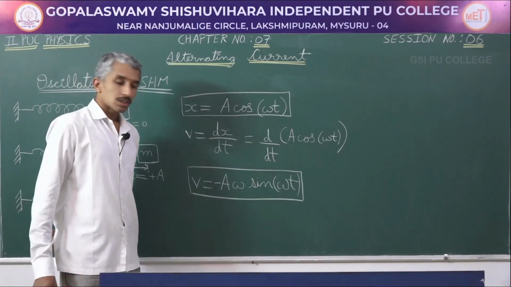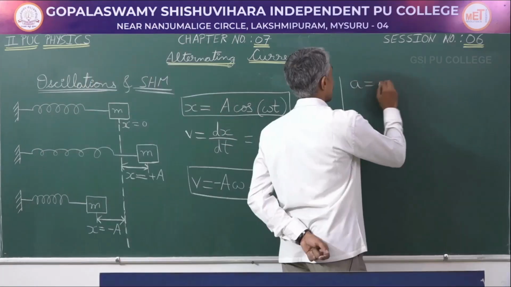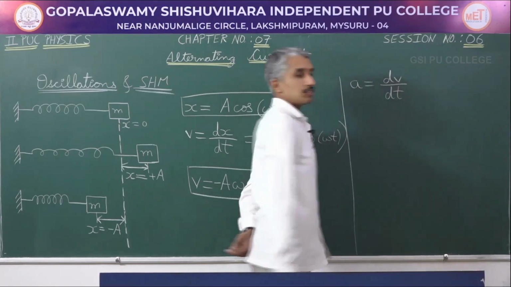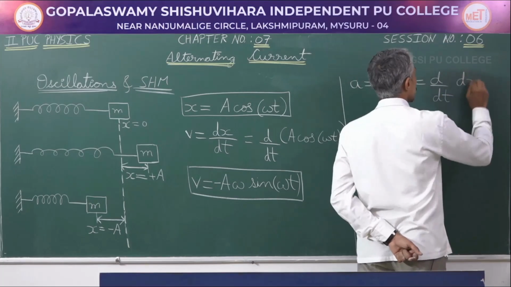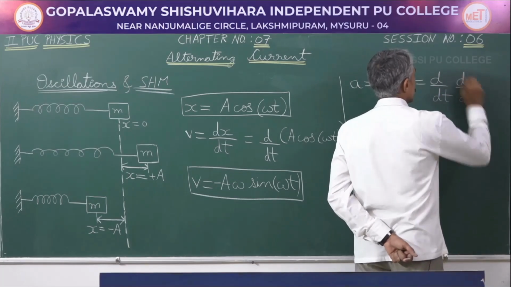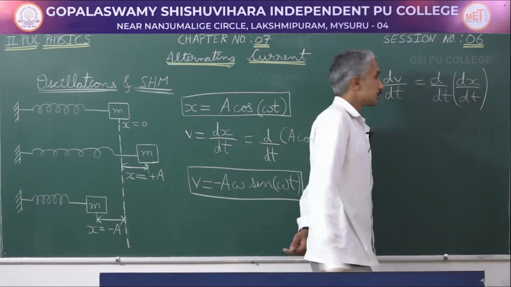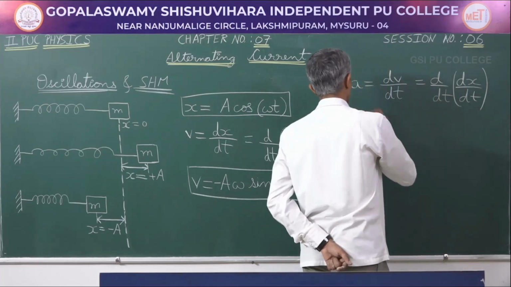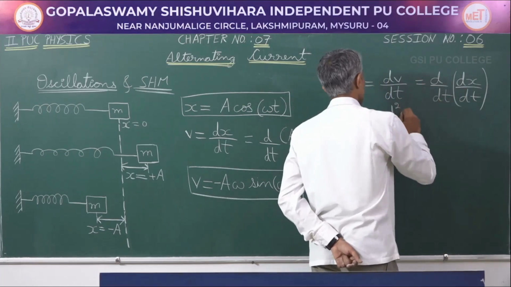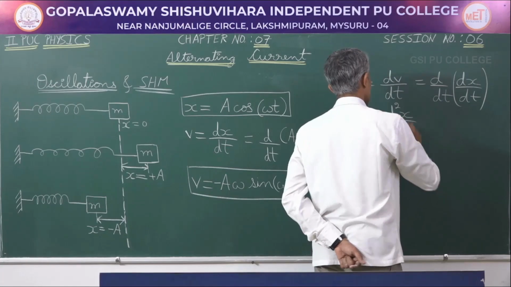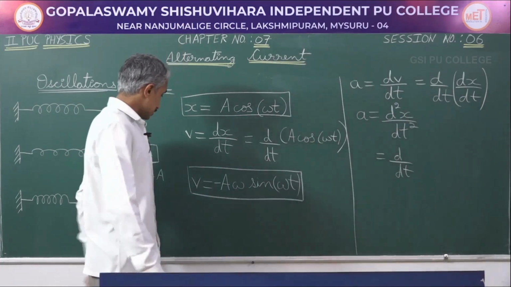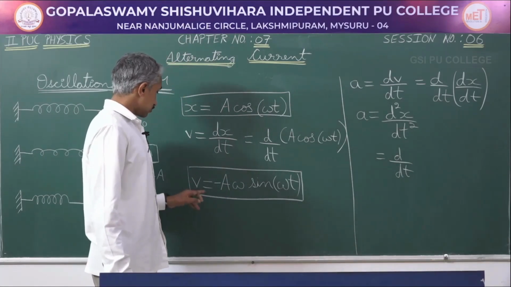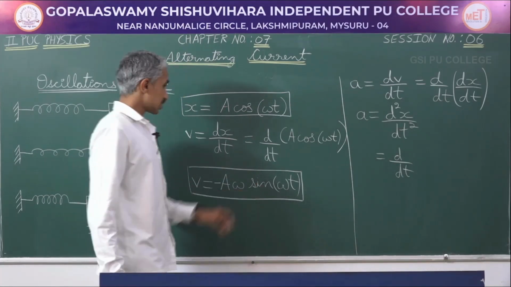Further, I define acceleration. Acceleration is rate of change of velocity, while velocity is itself rate of change of position. So, finally, acceleration is d square x by dt square. For simplification, I will take the expression v is equal to minus a into omega sin omega t.